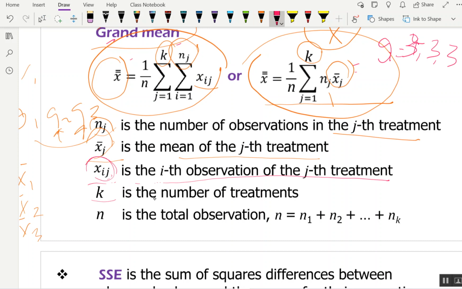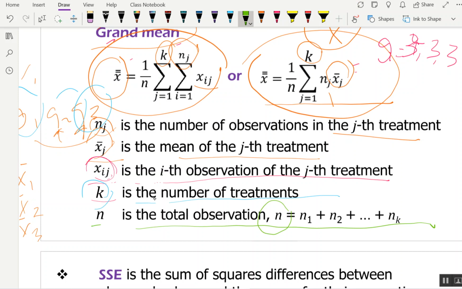Okay, k is the one I mentioned just now, the number of treatments. So how many treatments here? We have 3 in the example that I'm using here. Okay, and then N is the total number of observations.